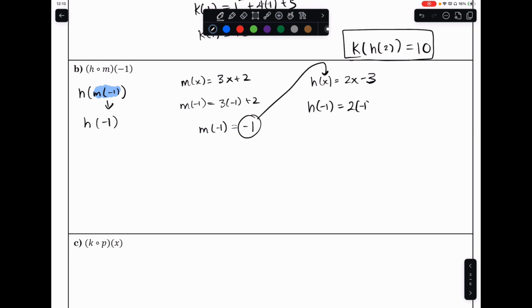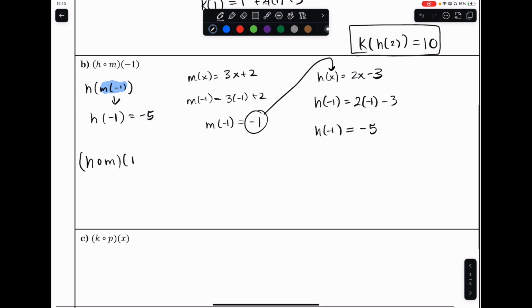So 2 times negative 1 minus 3 is going to give us a total of negative 5. So h of negative 1 is equal to negative 5, which means that the entire composition, h of m of negative 1, equals negative 5.